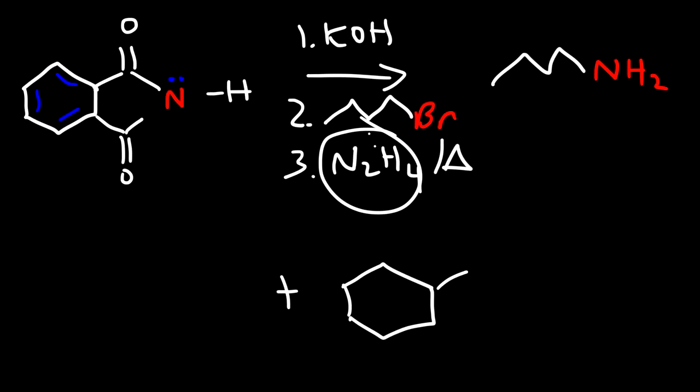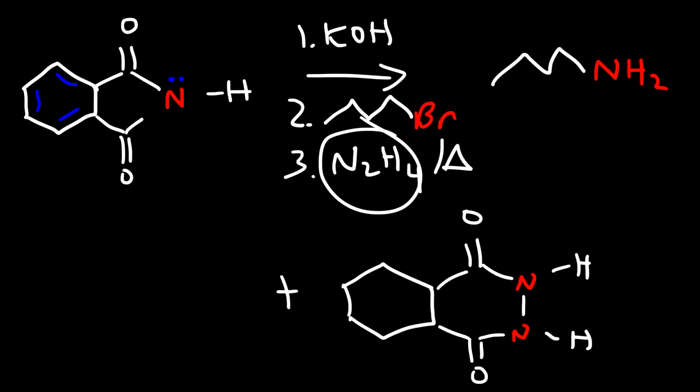The hydrazine will replace this NH group, and this 5-atom ring is going to expand into a more stable 6-atom ring. And so we're going to get something that looks like this. That's the other side product for this reaction. This is called a phthalimide hydrazide. But the purpose of the Gabriel synthesis reaction is to make primary amines.